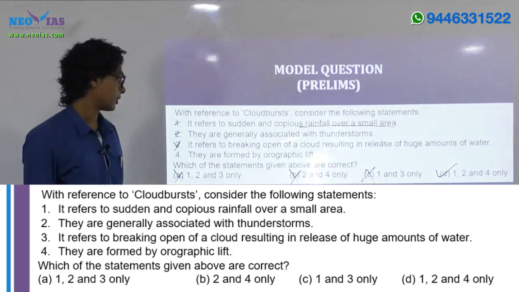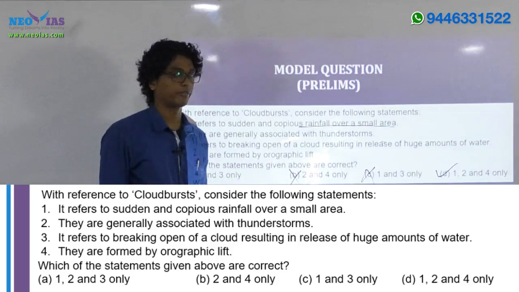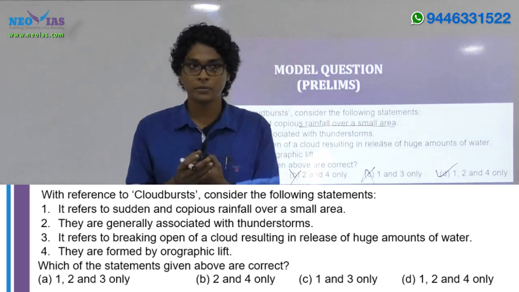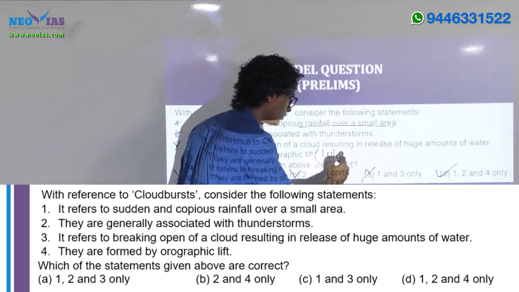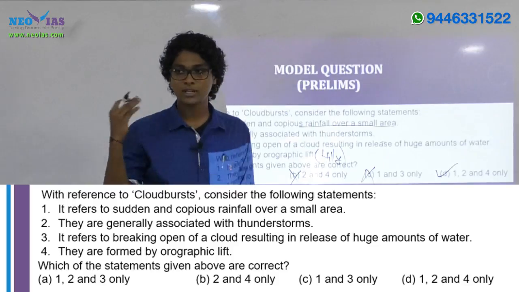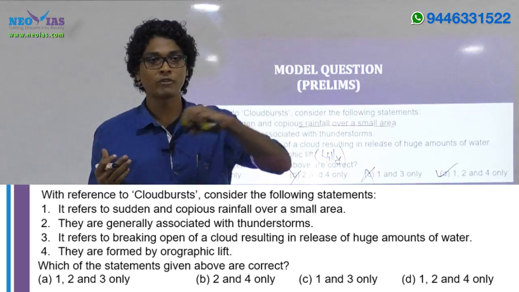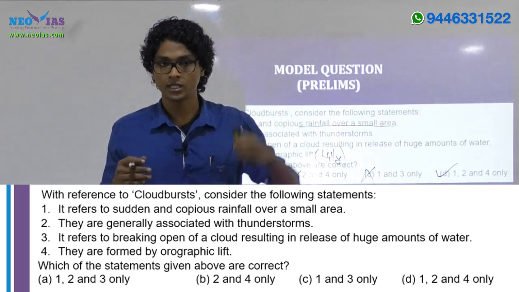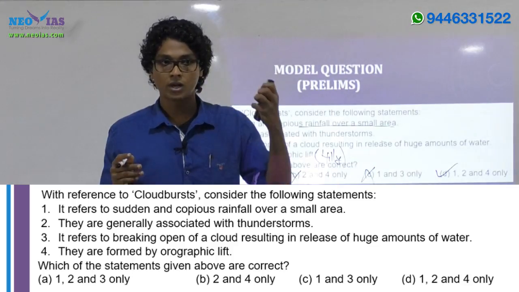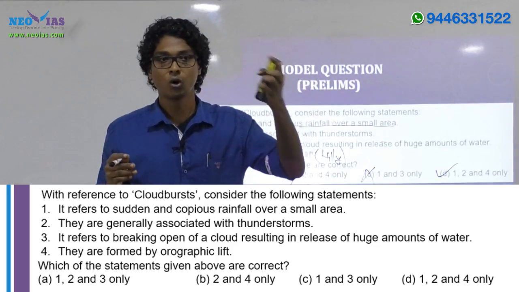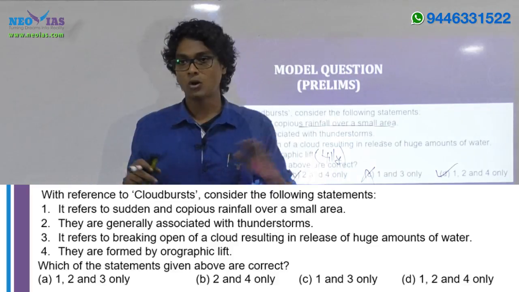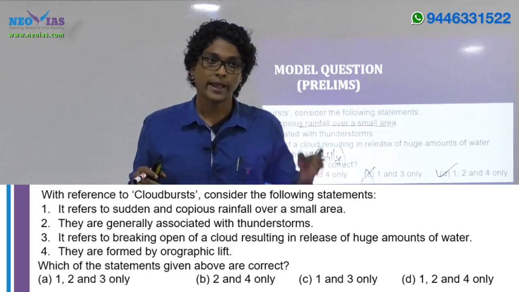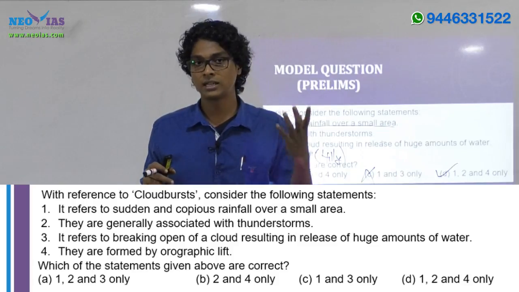Now the fourth statement: they are formed by orographic lift. Orographic lift means it takes place in hilly areas. If there were a statement like cloudbursts only form over hilly areas, it would be wrong. Or if there is a statement like they only form during daytime or nighttime, they are wrong. Cloudbursts can happen anywhere, and predicting cloudbursts is very difficult.